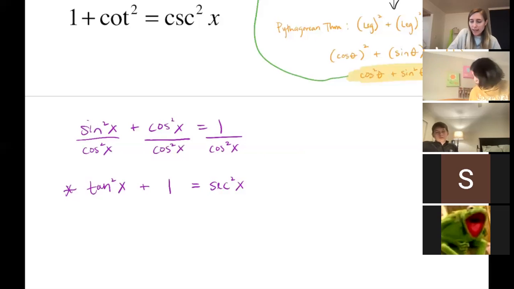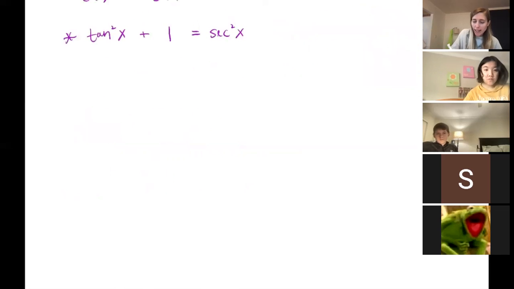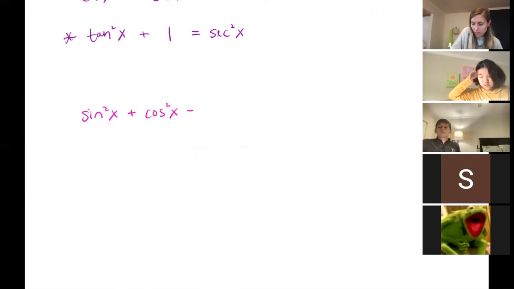Any ideas for how we could derive the third Pythagorean identity? You divide by sine squared on each side.